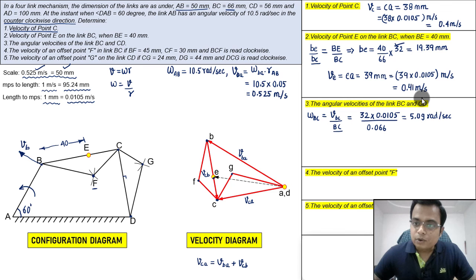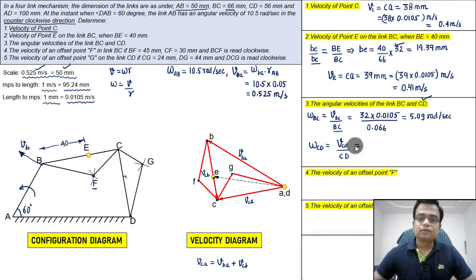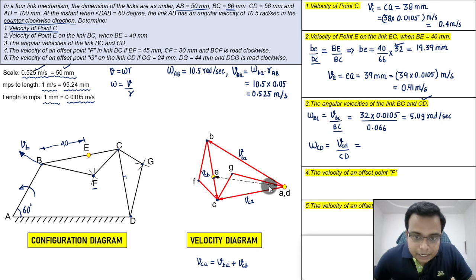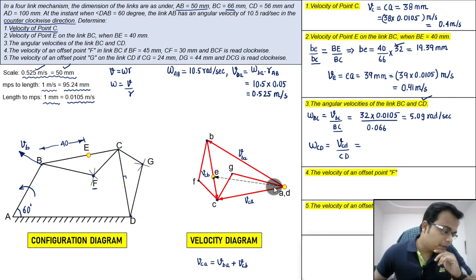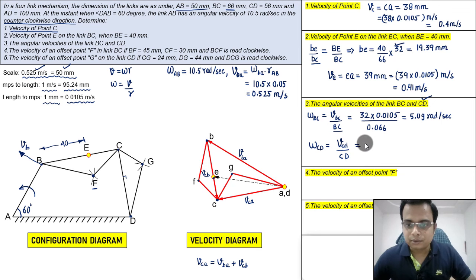In the same manner, we'll go ahead and find omega CD, and that will be V CD over CD itself, V upon R. So how much is CD? C to D, you need to measure this distance, and as far as my calculation goes, CD will work out as somewhere around 38 millimeters.